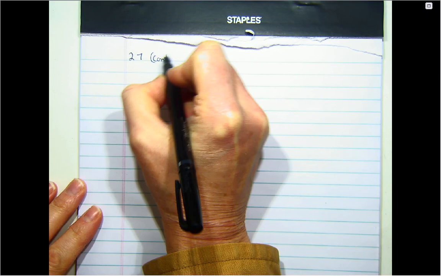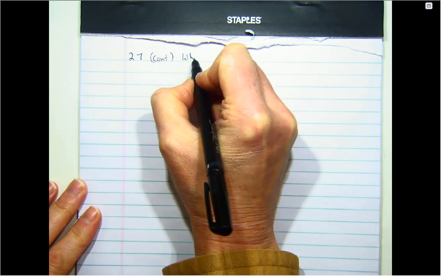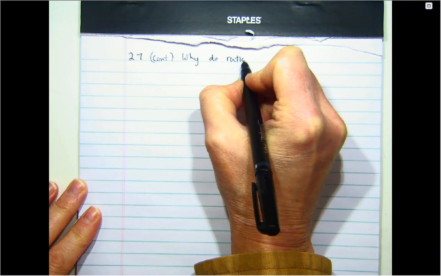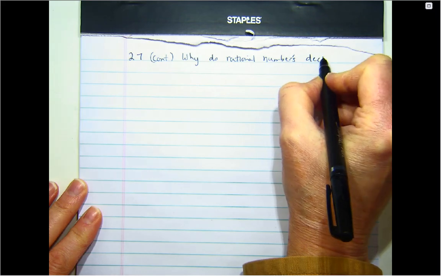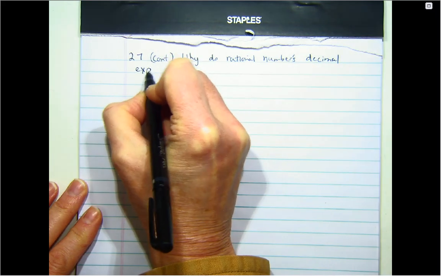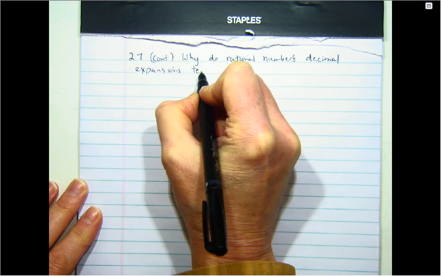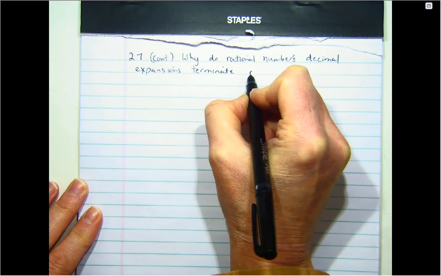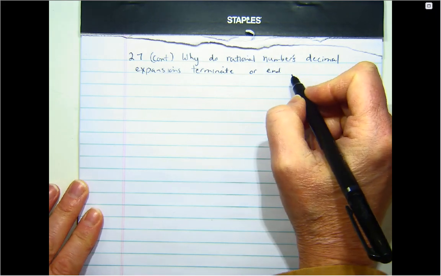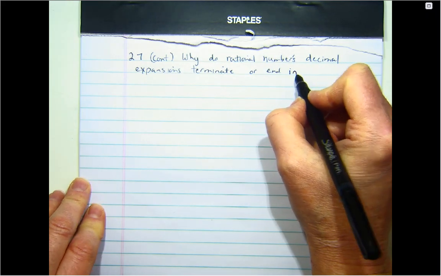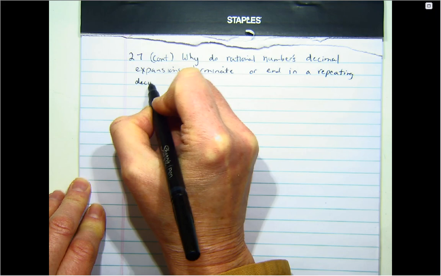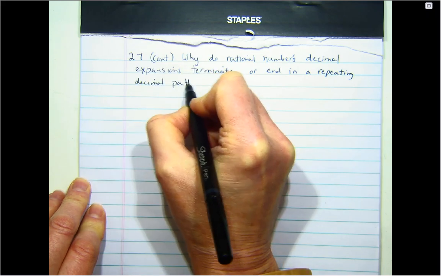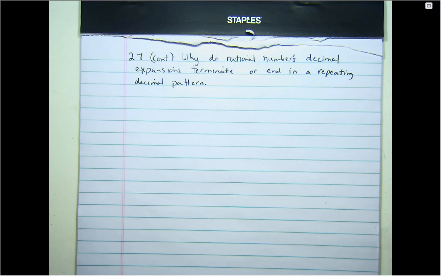So we'll continue on in 2.7 and we'll answer the question: why do rational numbers' decimal expansions terminate or end in a repeating decimal pattern?